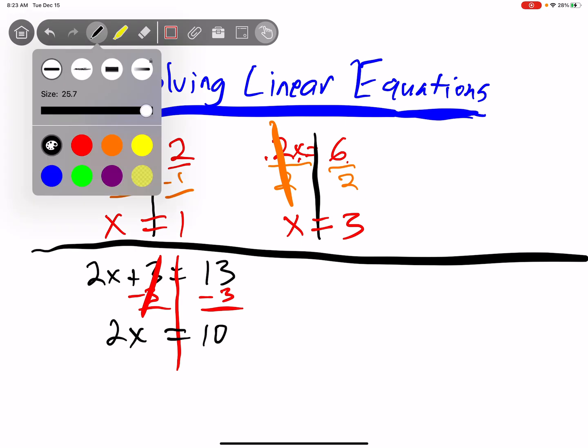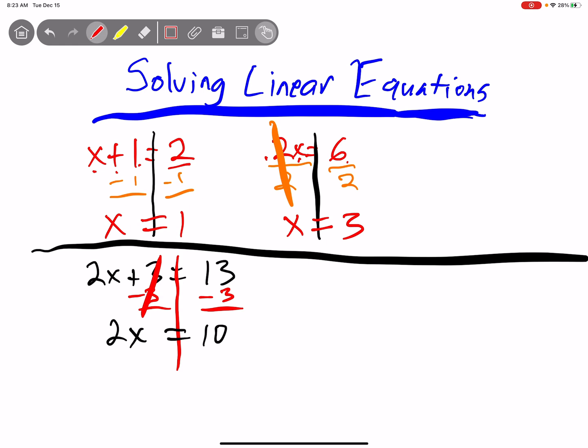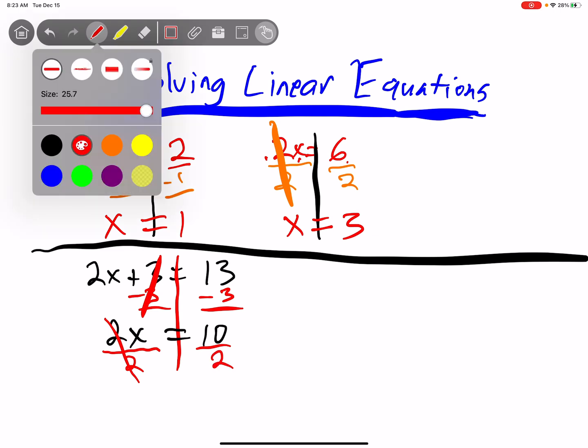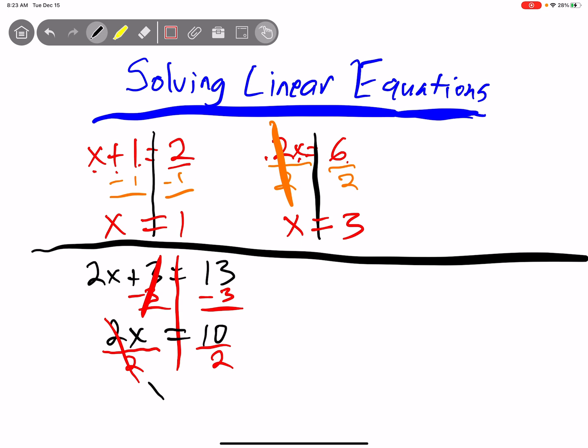And again, I've got 2 times x equals 10. Well, the inverse of multiplication is division. So I'm going to divide. And since I did it on the left side, I'm going to do it on the right side. And my answer ends up being x equals 5.